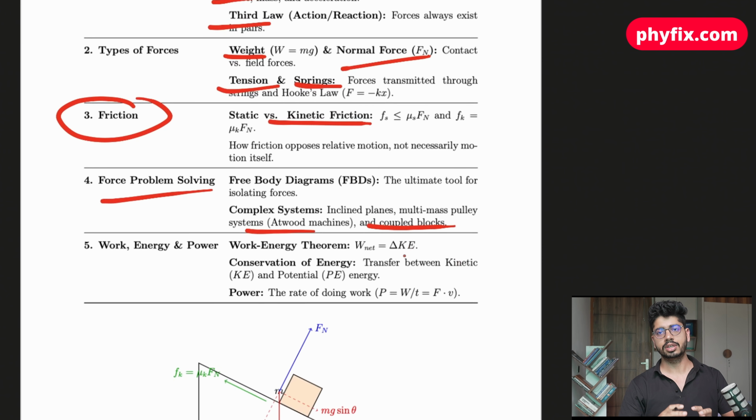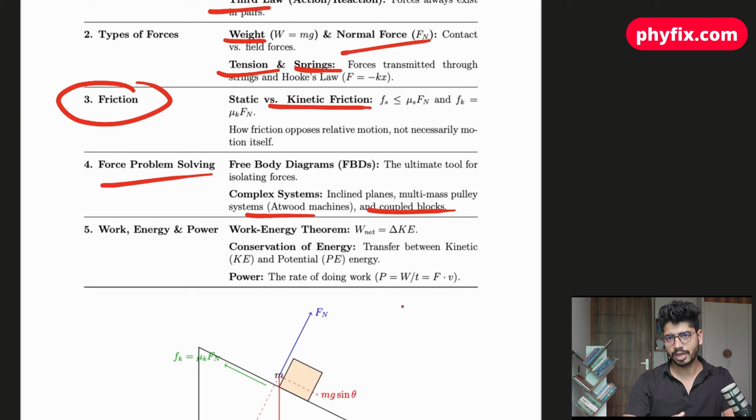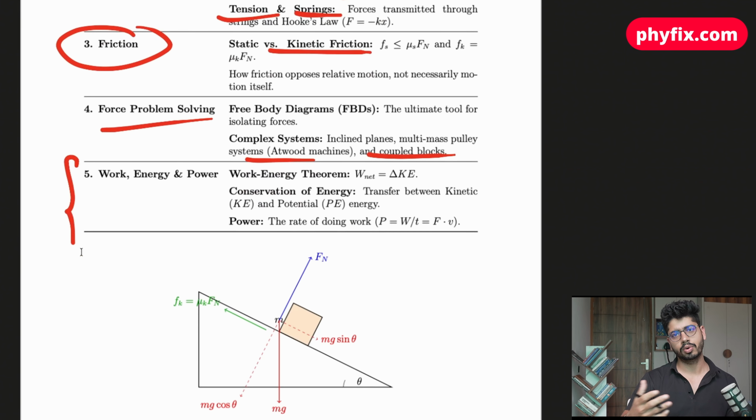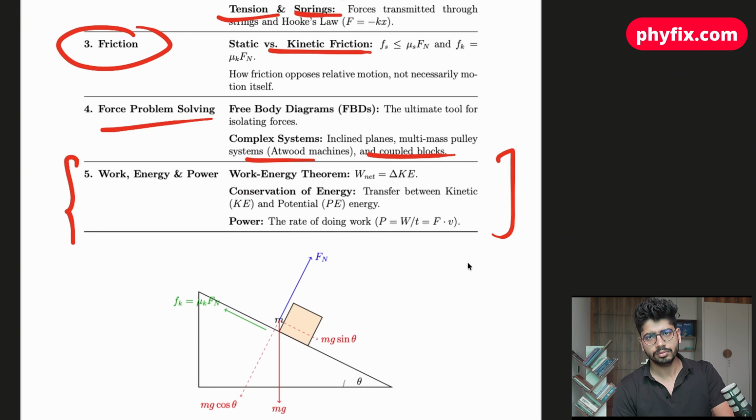We are going to discuss force problem solving regarding free body diagram making, especially concentrating on Newton's second law and how to apply it. Then we have work, power, and energy, which is also part of the dynamics. These are the bunch of things that we are going to learn in kinematics and dynamics.